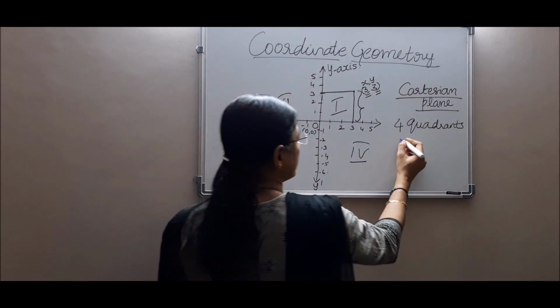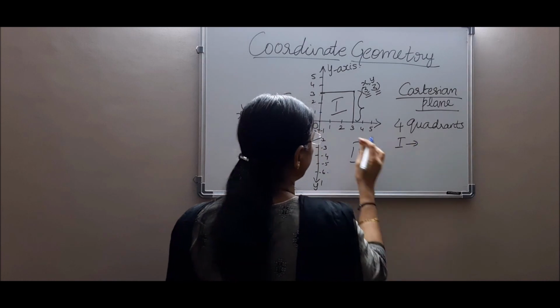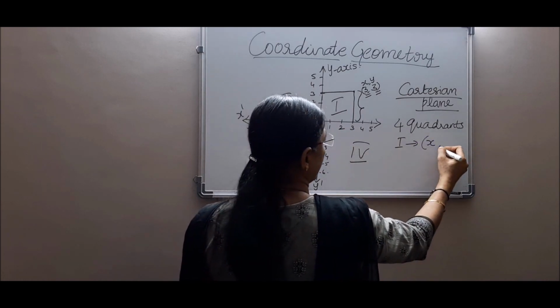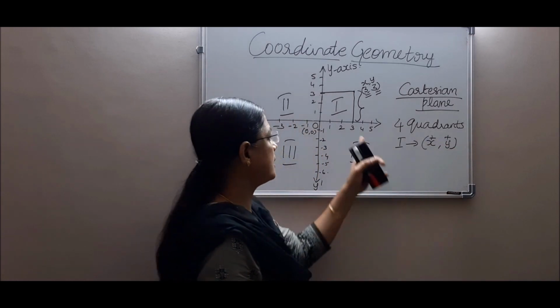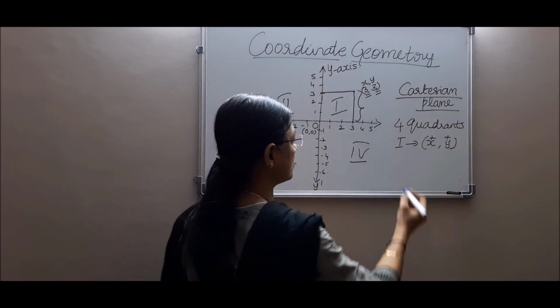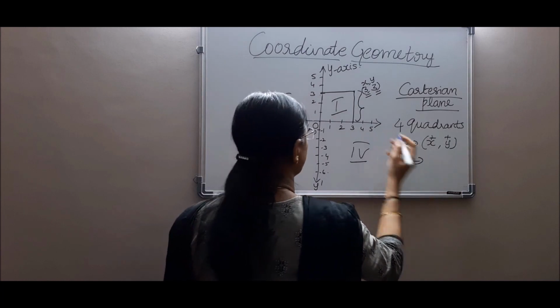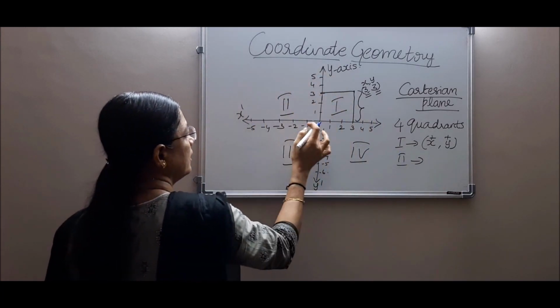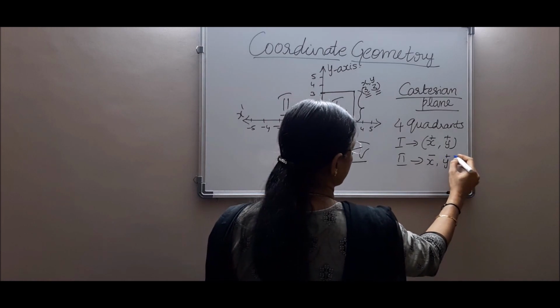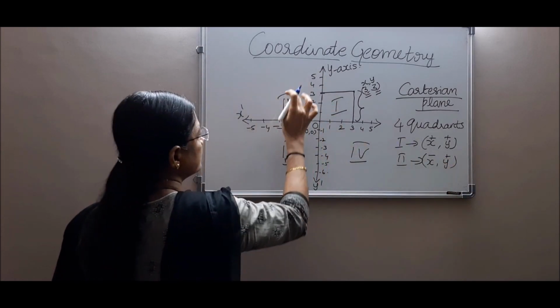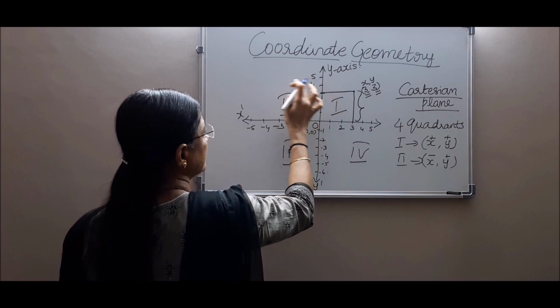Okay, so when you observe the first quadrant, x is positive and y is also positive. See, the x value is positive and the y value is also positive. When I take the second quadrant, see this second quadrant alone, x is negative and y is positive. See this, if I mark a point, you have the x point and the y point, isn't it?